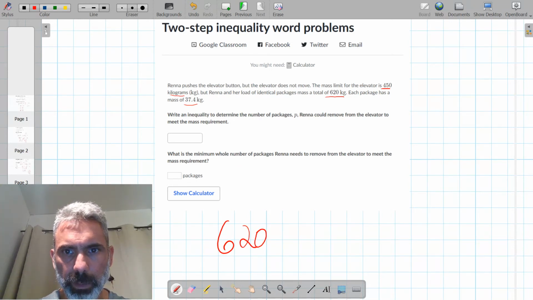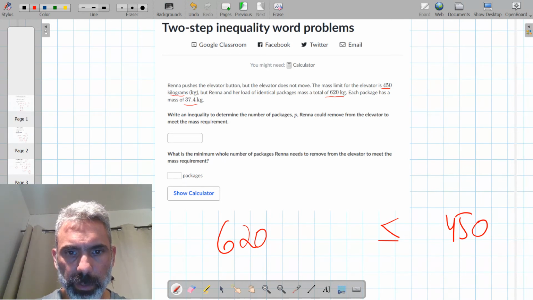620 kilograms. And on the other side we have 450. So after she gets rid of the packages, she needs to weigh less than or equal to 450. Okay, so she begins with 620, and now she subtracts.